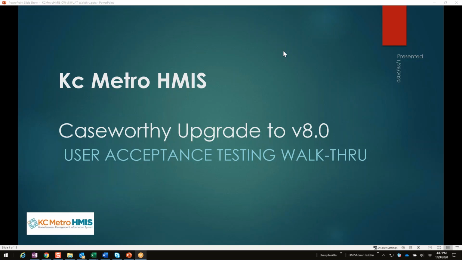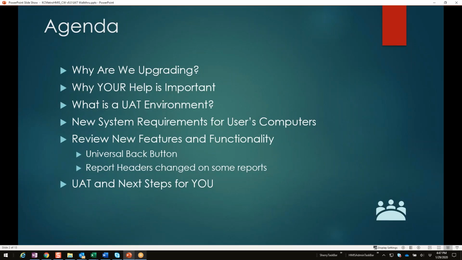We'll spend about 20-25 minutes today stepping through this presentation to give you a little background about the user acceptance testing that we've asked you to do. The agenda is going to talk about why we are upgrading, why your help is important to us, what is a UAT environment, and the new user requirements CaseWorthy has provided.